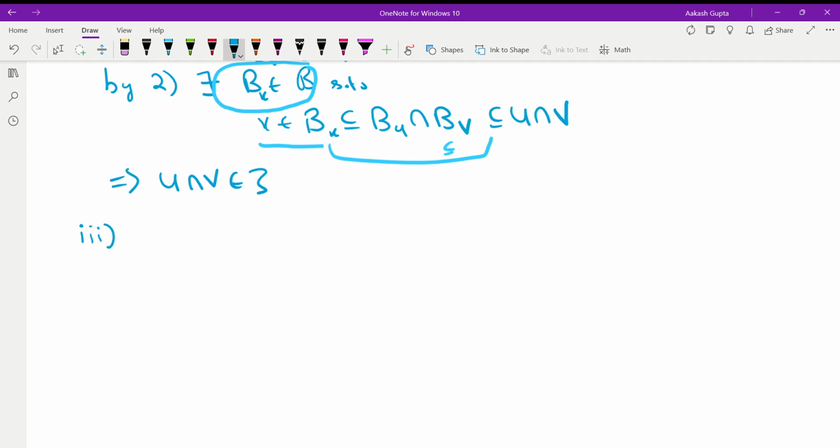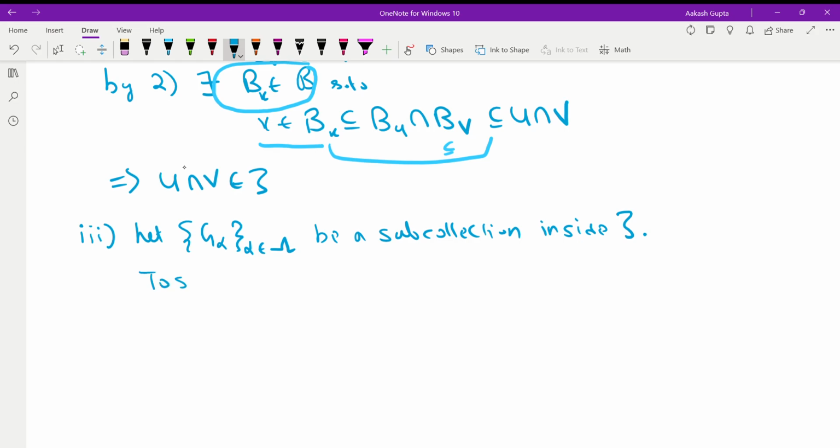So now let's take some arbitrary members inside tau. So let G alpha, alpha in capital lambda, be a subcollection inside tau. Basically, it is contained in tau. Okay, so what you have to show?